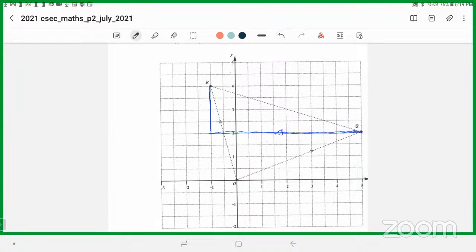And then 1, 2 up. So QR based on the diagram is -6, 2, because to go from Q to R, I go 6 units back and then 2 units up.